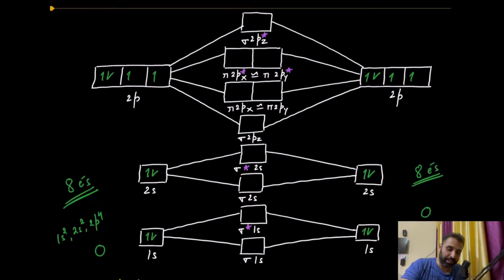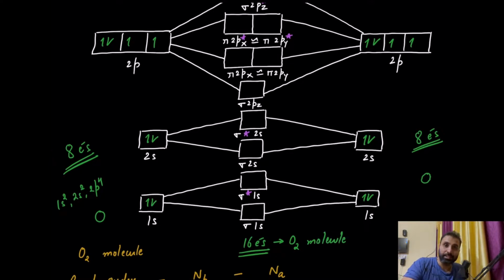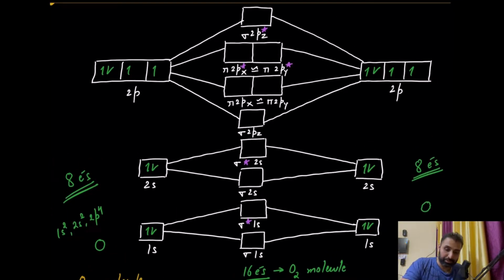So we have to fill a total of 16 electrons in the molecular orbitals, and these 16 electrons belong to the O2 molecule. So let's fill these 16 electrons according to the Aufbau rule and Hund's rule.